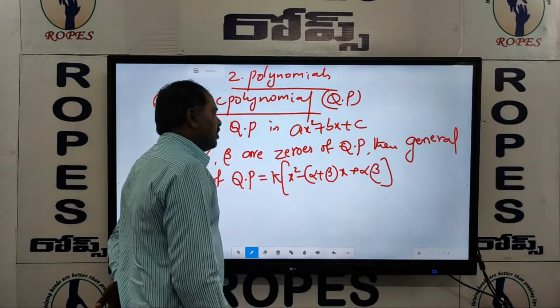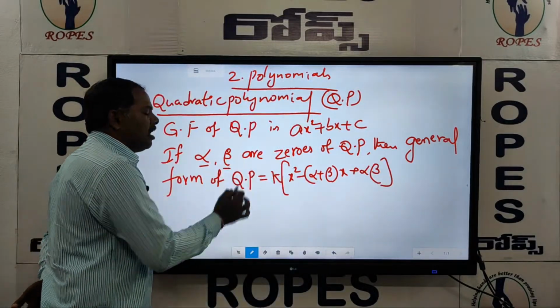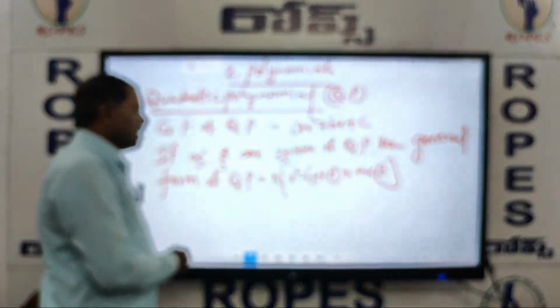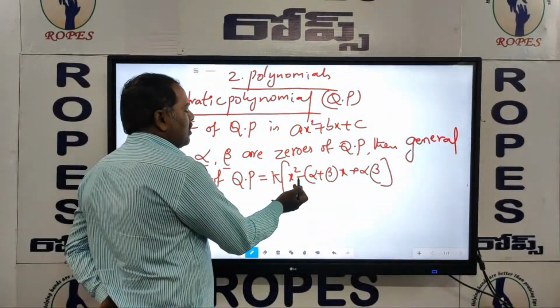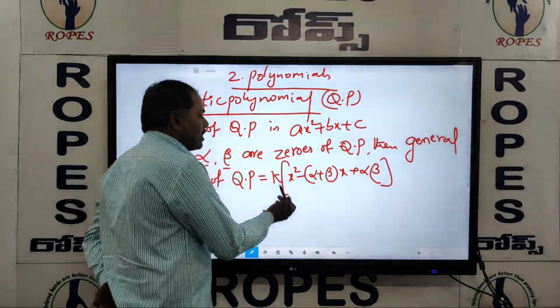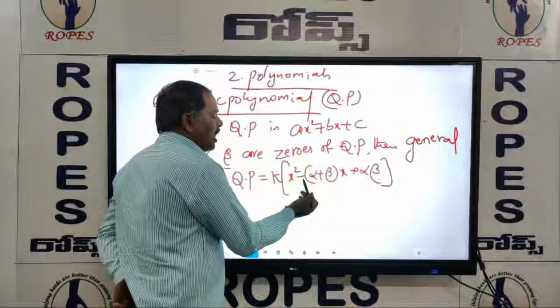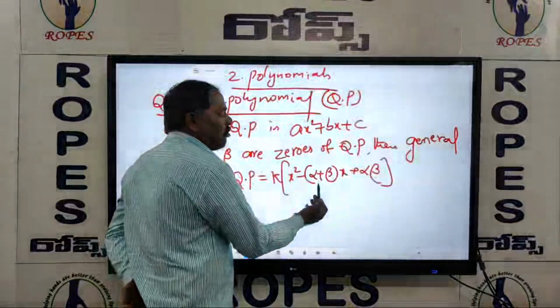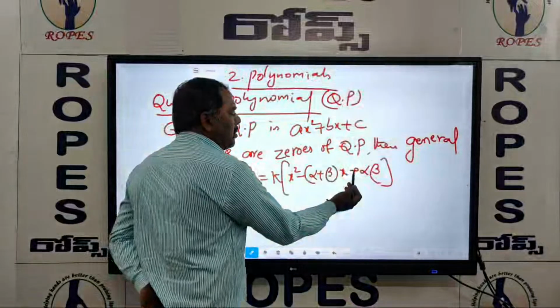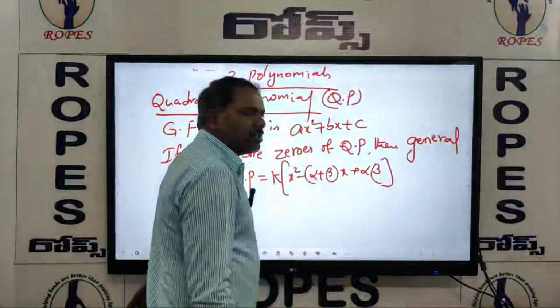This is the general form. When alpha and beta are any two zeros, the general form of the quadratic polynomial is k into x square minus of alpha plus beta into x plus alpha beta.